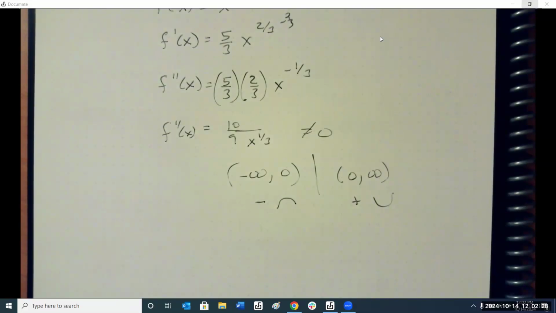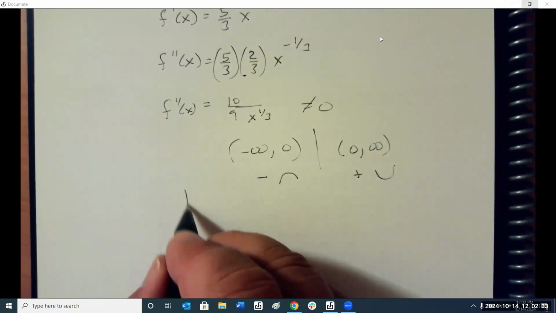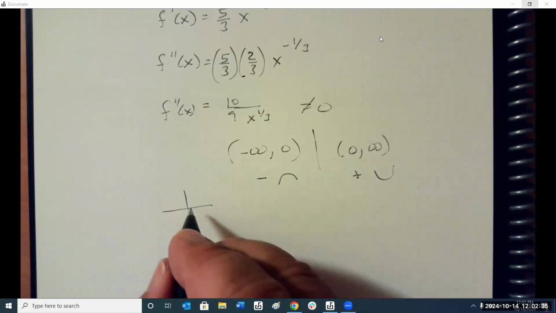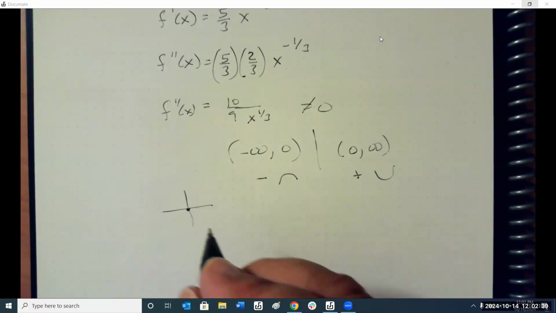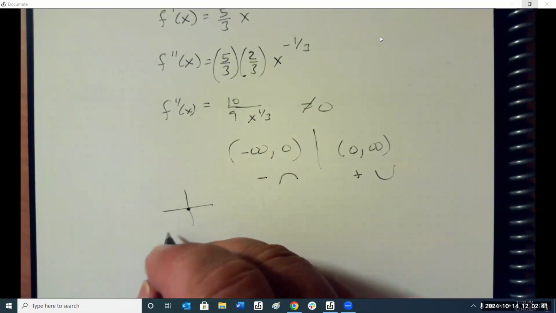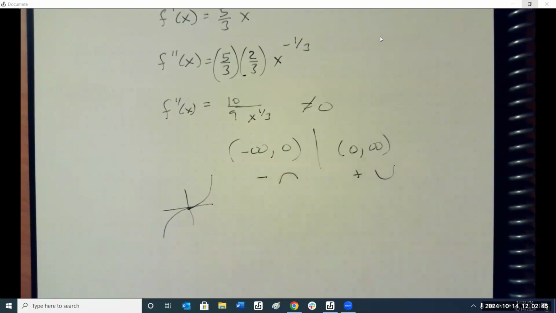So this one's going to look like, at 0, we have an intercept. Concave down on the left side, concave up on the right. And it's an increasing function. There we go.